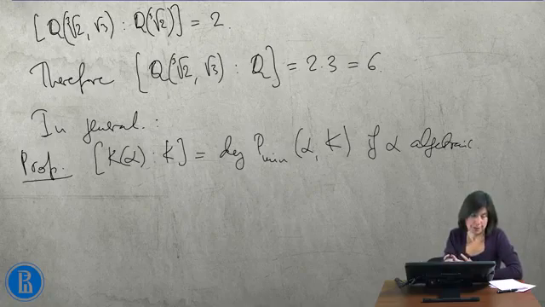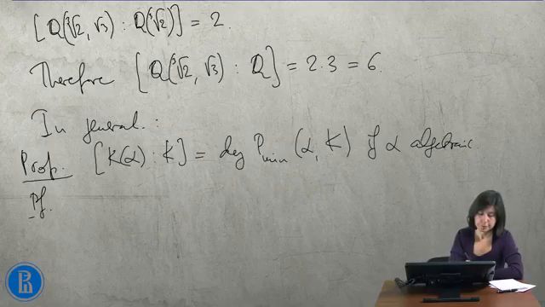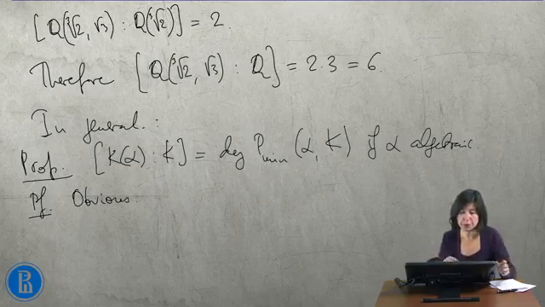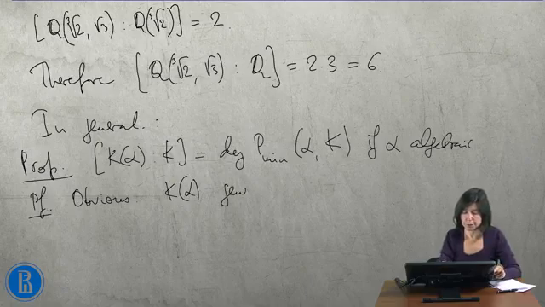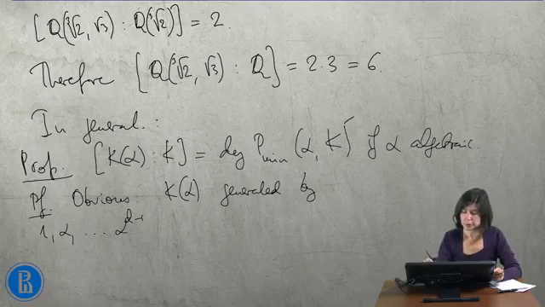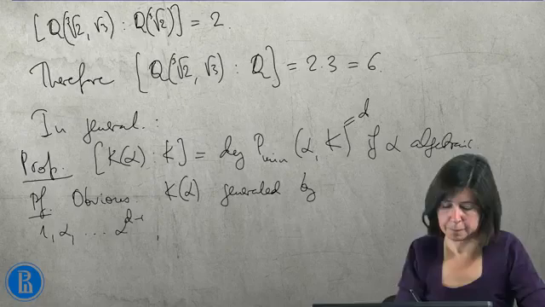The proof is obvious since we have already remarked several times that K of alpha is generated by 1, alpha and so on up to alpha to the d minus 1, if this is d, and in fact this is a basis, independent.